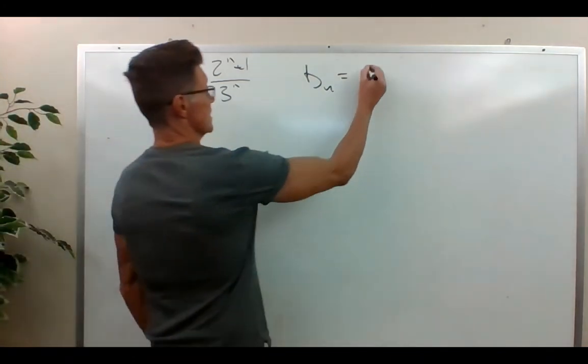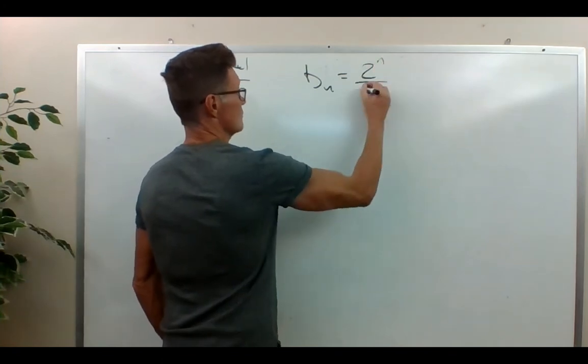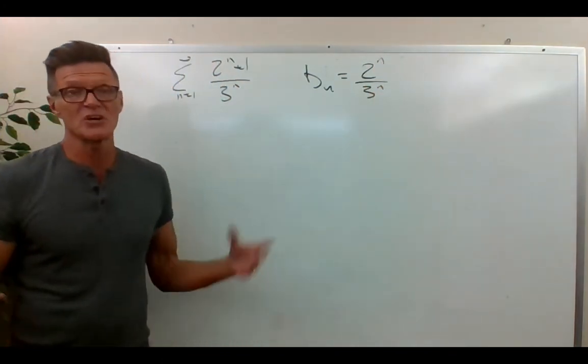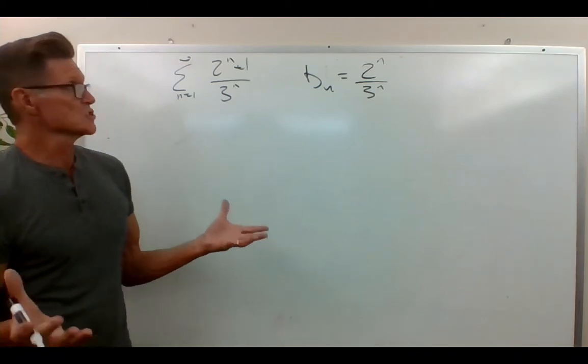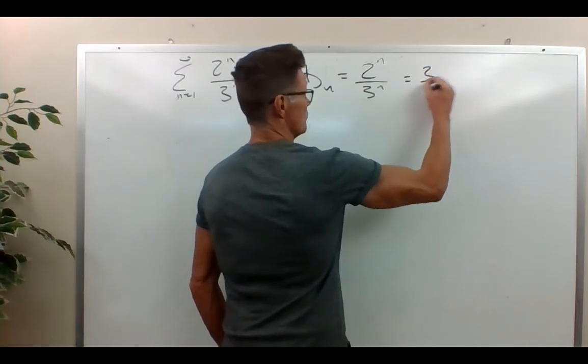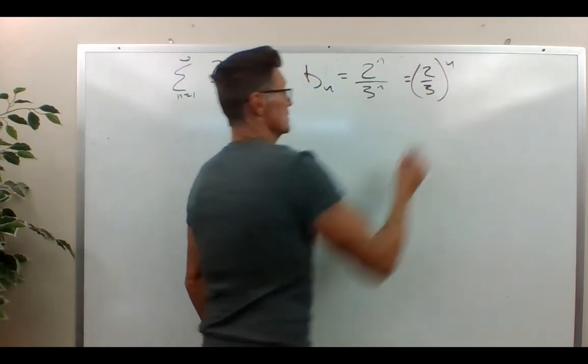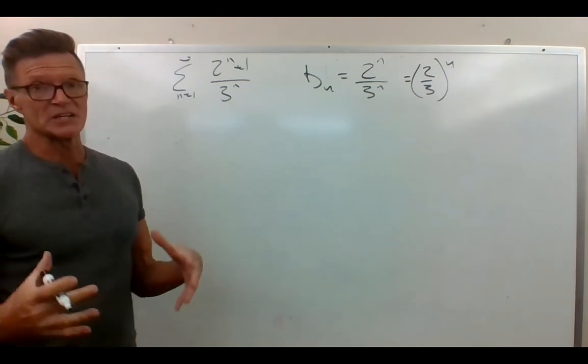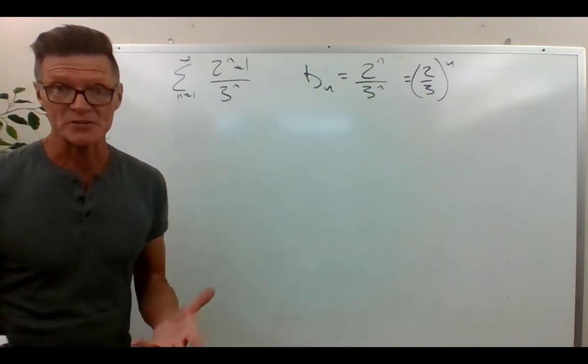So what I could do is say 2 to the n over 3 to the n. But that's kind of messy. I really don't know what that is. But I can rewrite that as 2/3 to the n. And that basically is a geometric series.